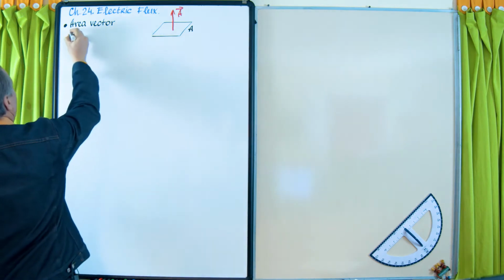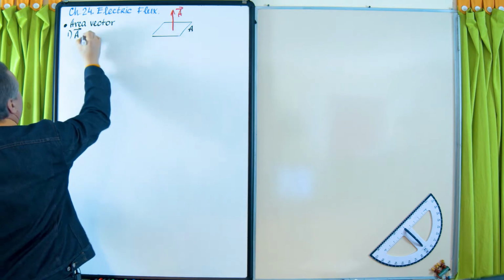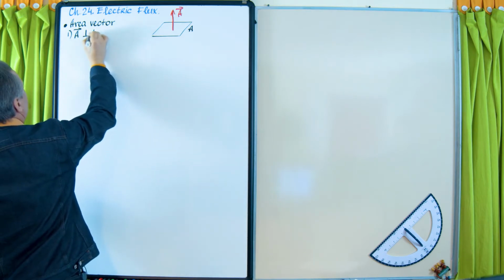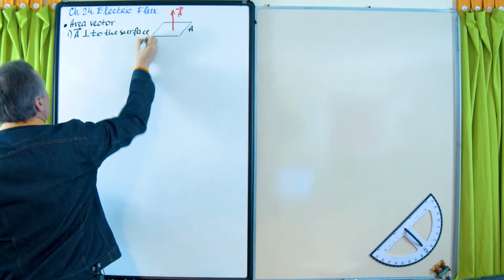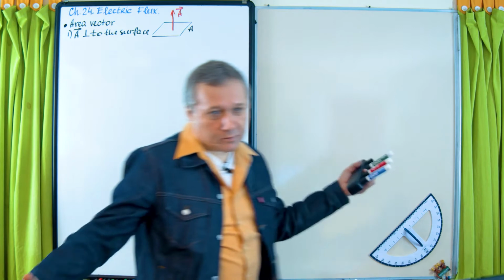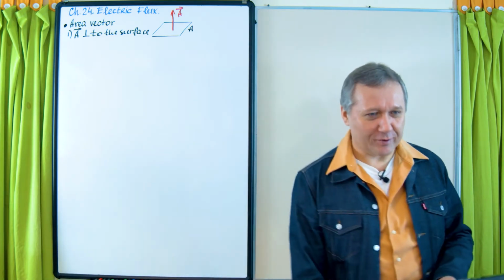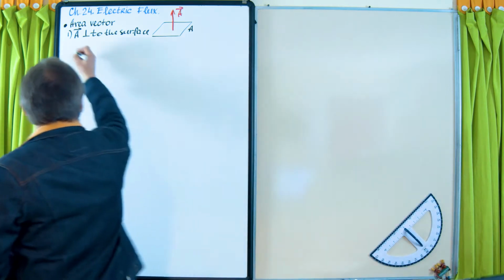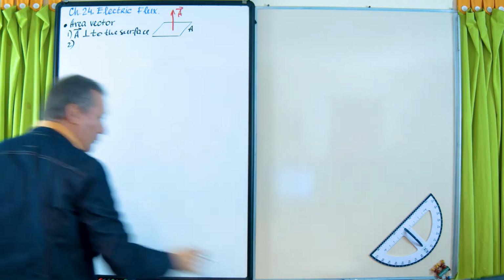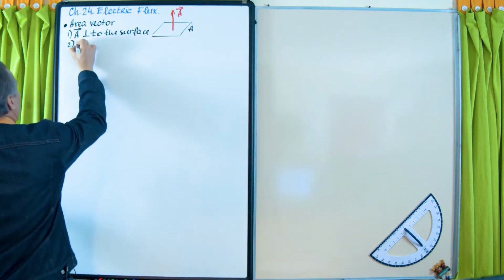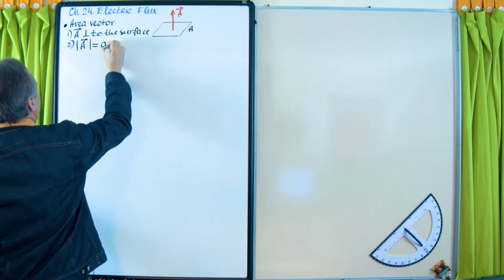At some point, there will be some additional restrictions, but I will tell you at that moment. So first part, this area vector is perpendicular to the surface. That's the first part of the description of the area vector. And second part, the absolute value of this area vector equals the area.